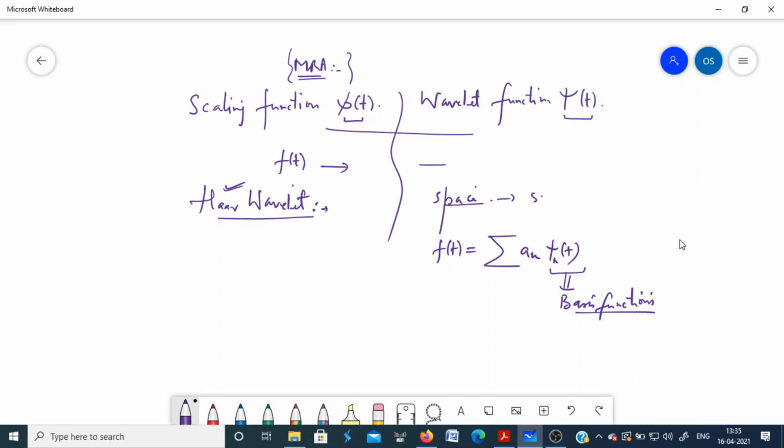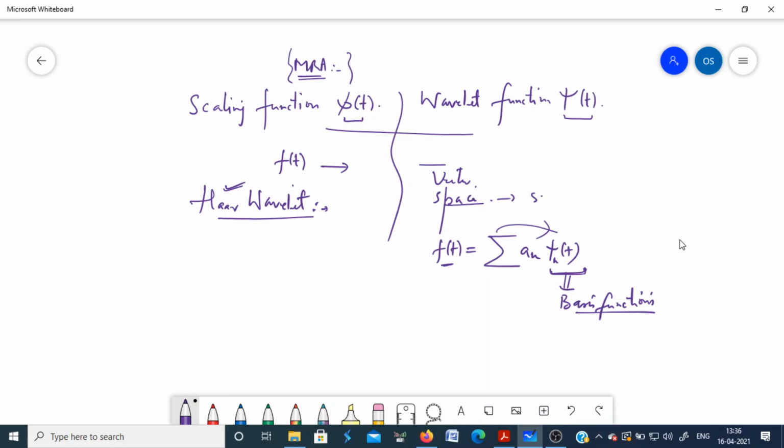And the set of all the functions f of t which can be decomposed in this form is basically called a signal space or vector space. And we say these wavelet or basis functions span this space as vector spaces.